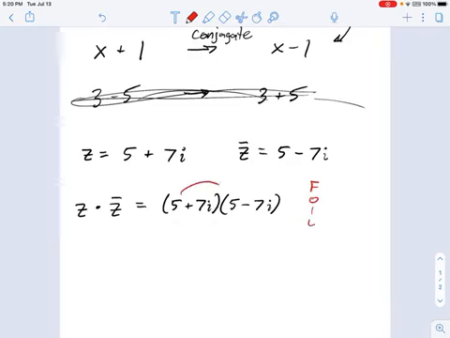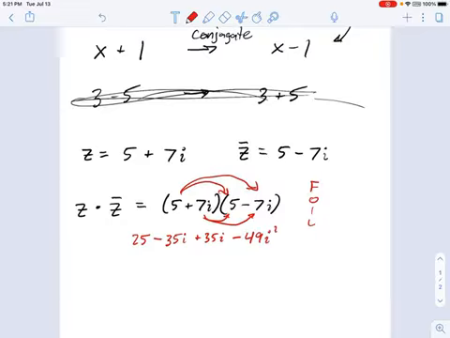The first part is 5 times 5, that's 25. The outer is 5 times negative 7i, so that's negative 35i. The inner is positive 35i, and you can maybe see what's going to happen here. And the last is 7i times negative 7i, which is negative 49i squared.